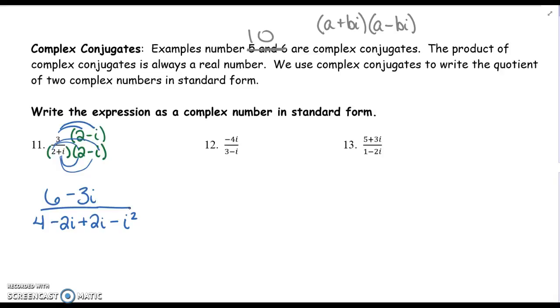Because we multiplied the complex number in the denominator by its conjugate, the two middle terms that have a plain i are going to cancel each other out. So negative 2i and positive 2i cancel each other out.